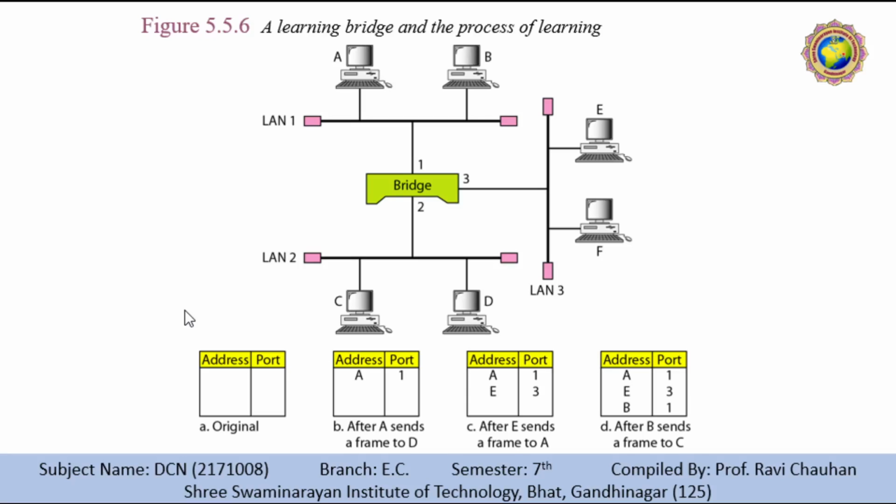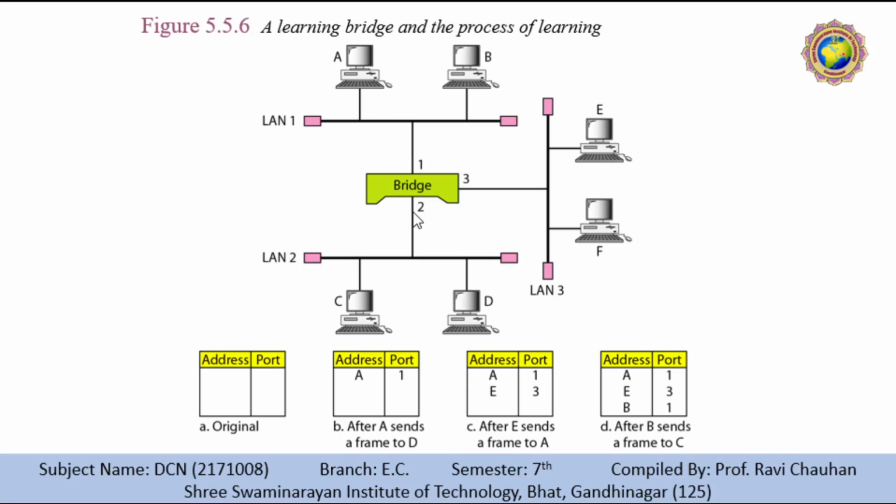Let us elaborate this process through this figure. First, when station A sends a frame to station D, the bridge does not have any entry for either D or A. So the frame goes out from all three ports 1, 2 and 3. The frame floods the network.